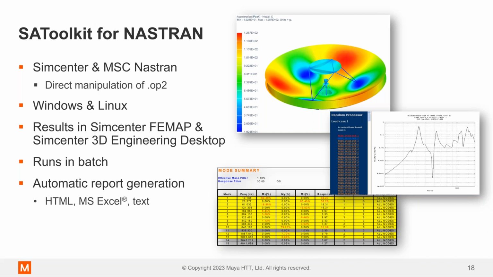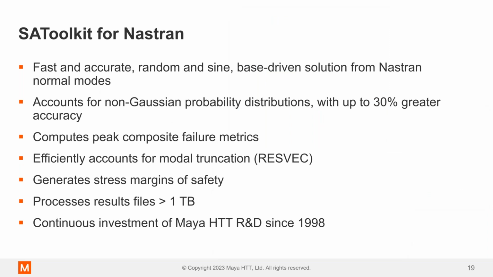It can run in batch and creates automated reports. And it's a fast and accurate random and sine base-driven solution for Nastran normal modes. It uses Solution 103 from Nastran, your normal modes run, and then does the random and sine vibration analysis on top of that. Now, it accounts for non-Gaussian probability distributions.